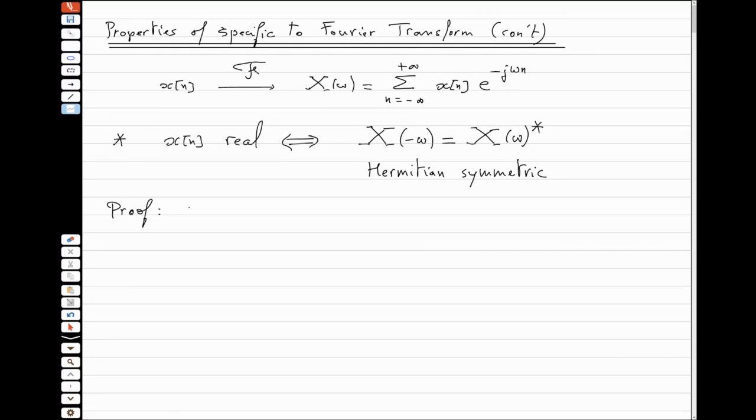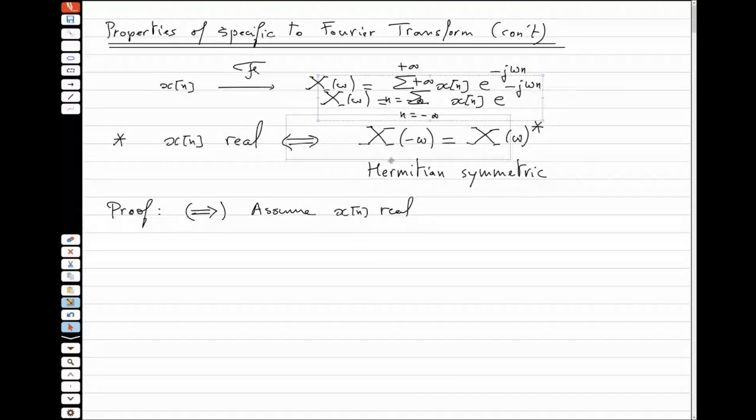Proof. I'm going to prove just one implication. So assume x of n is real. All right, assume that. Now, what is X of minus omega? That's easy.